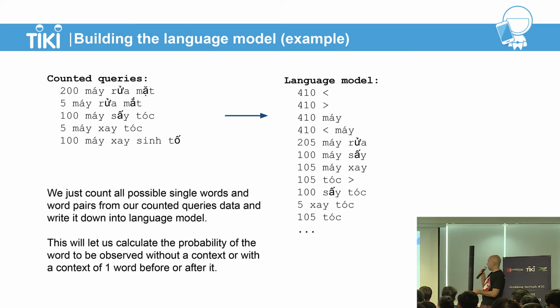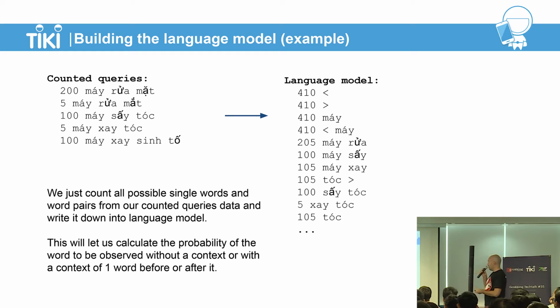And this dictionary we already call our language model, because it lets us easily calculate the probability of some word, let's say my, given a certain context, given a context before or the context after, or just no context.